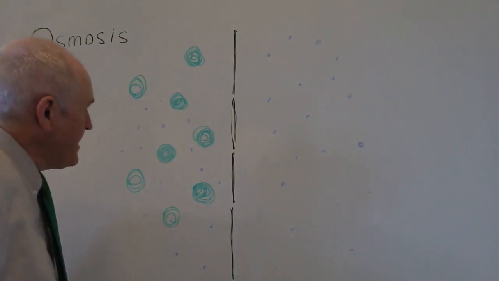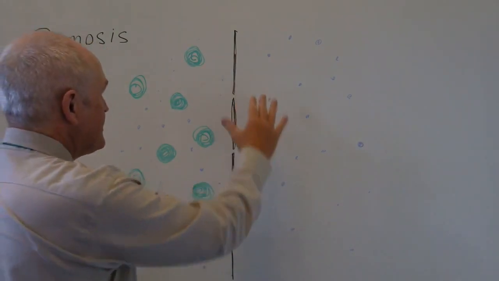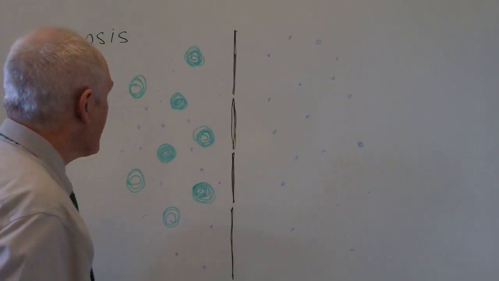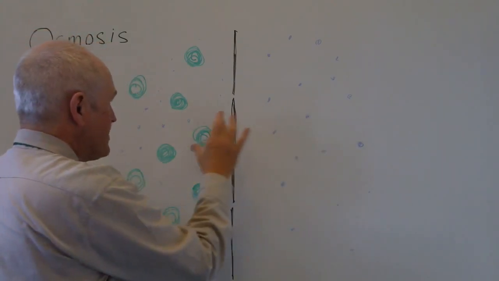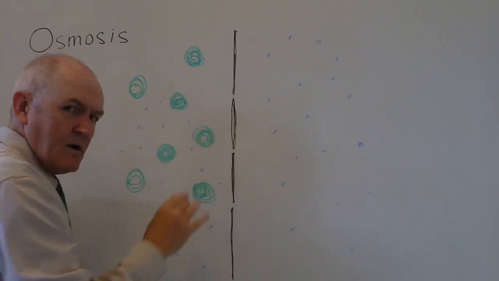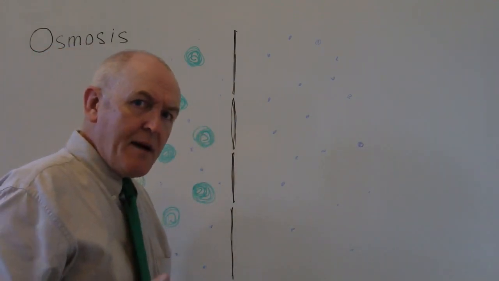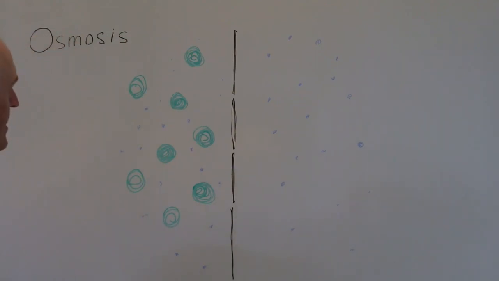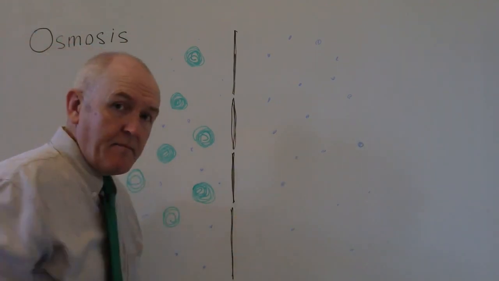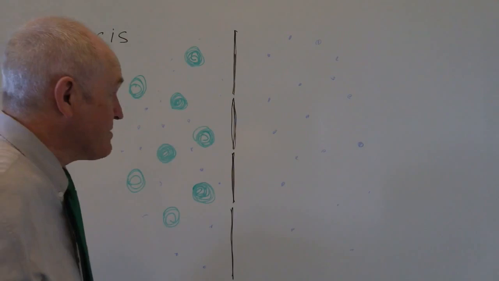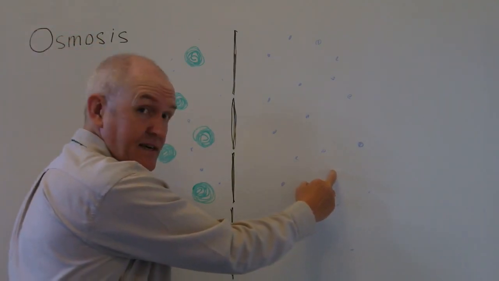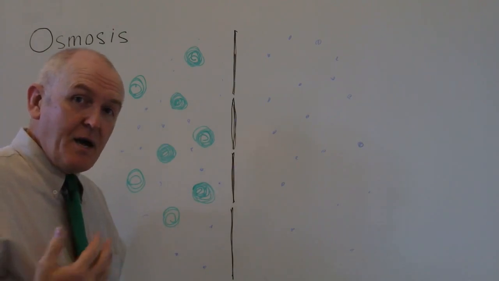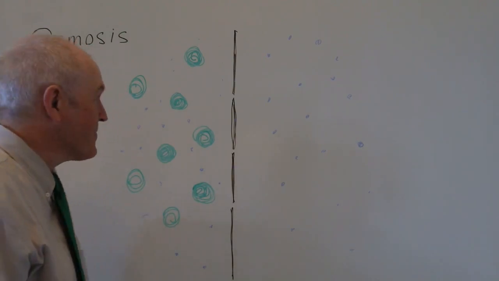Now, what we notice here is that even though the pressure on both sides of the membrane is the same, there's water molecules here and there's water molecules here. But on which side are there more water molecules? Well, given that the volumes are the same, I think you can see that there's more water molecules on this side, because a lot of the space on this side is taken up by the plasma proteins.